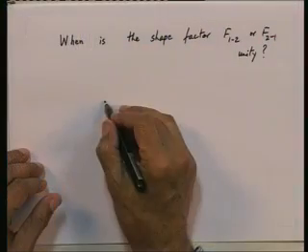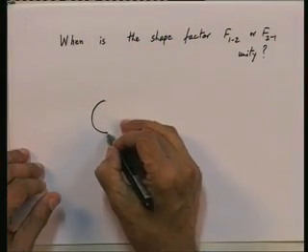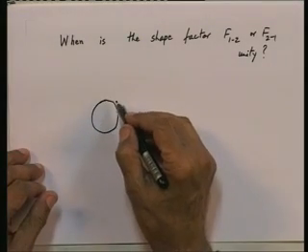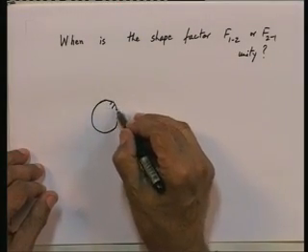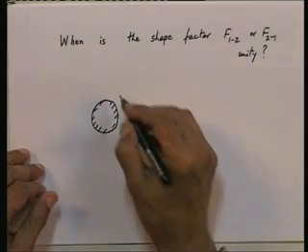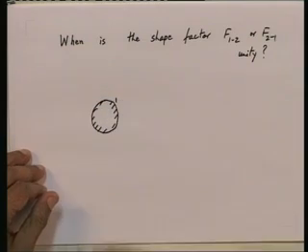Let me give an example. Suppose I have a sphere, or a spherical shell, it does not matter, and I call it surface 1.